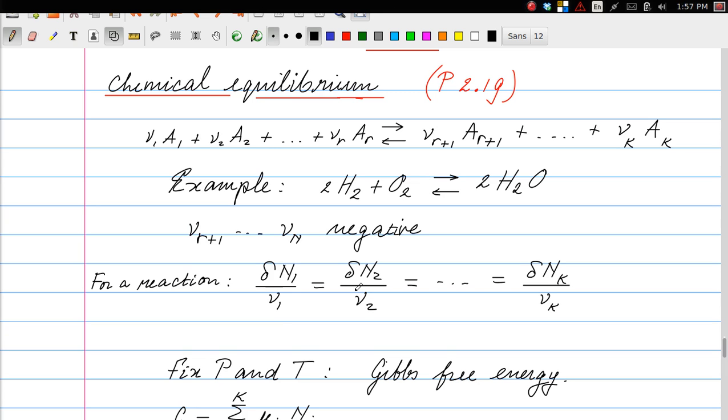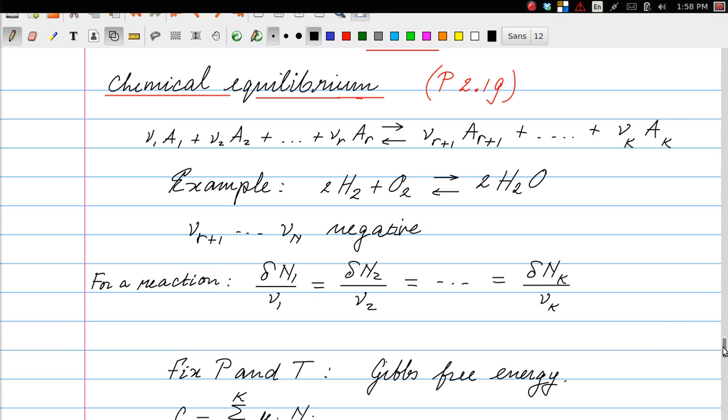So for example, I need to burn 2 hydrogen molecules. So I divide that then by 2, and then I get the same number as I have oxygen molecules. And with the new convention having a negative sign on the right, this is an equation that holds for all these species on the left and on the right hand side.